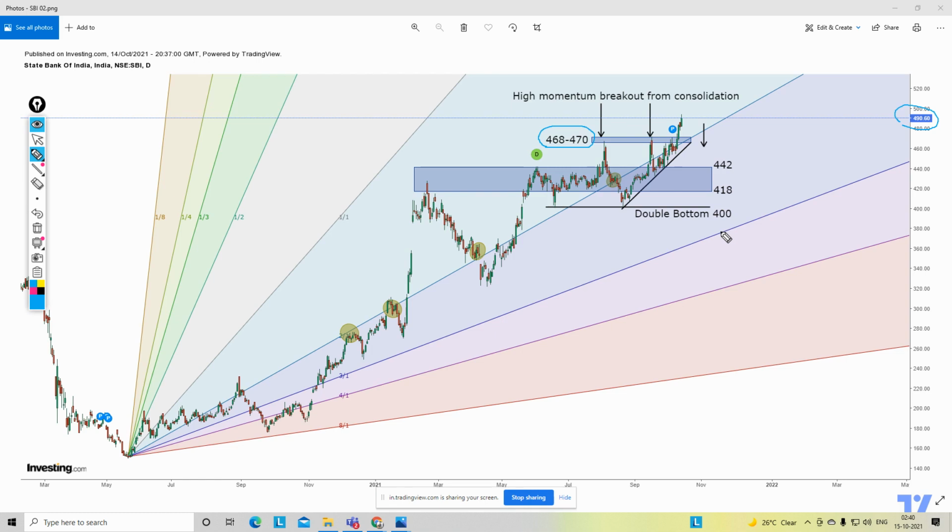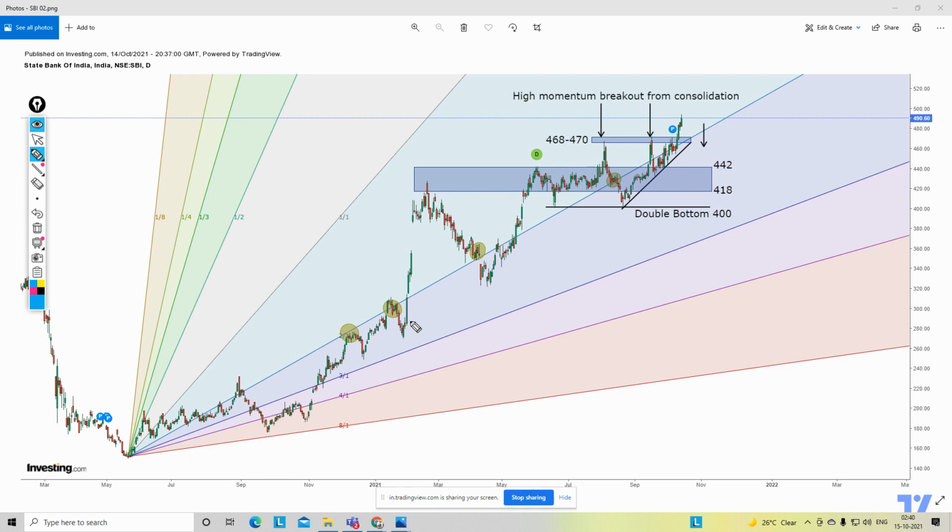If it is closing below 468 to 470 on a daily or weekly basis, we have to see whether it's taking the support at 442 or not. If it is not taking a support at 442, it is closing below 442 on a weekly or daily basis, the next support activated will be 418. And last but not the least would be 400, which is a double bottom, right?